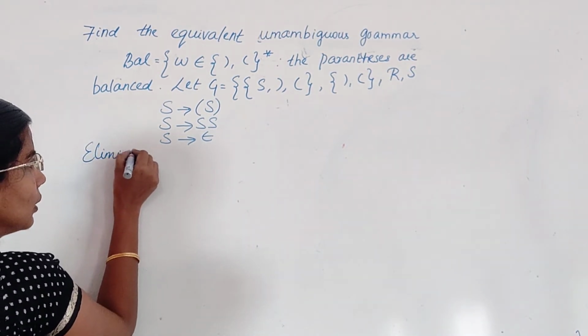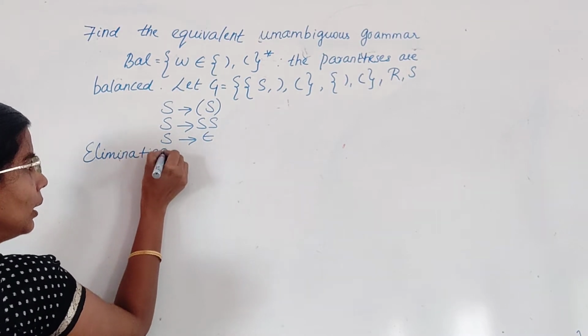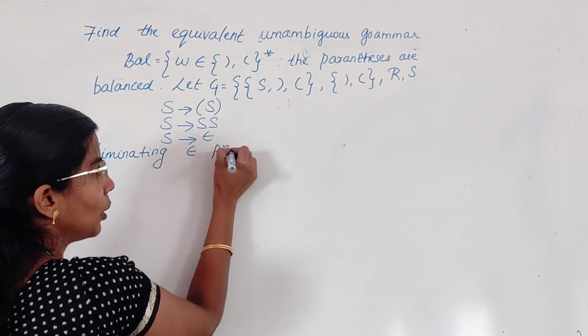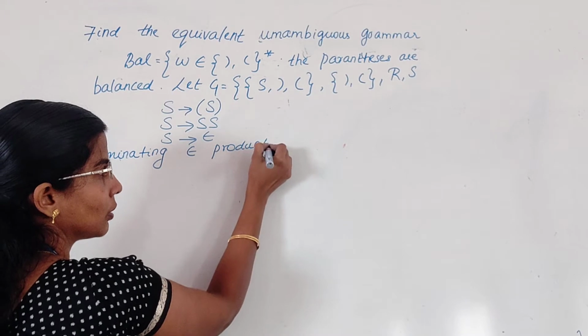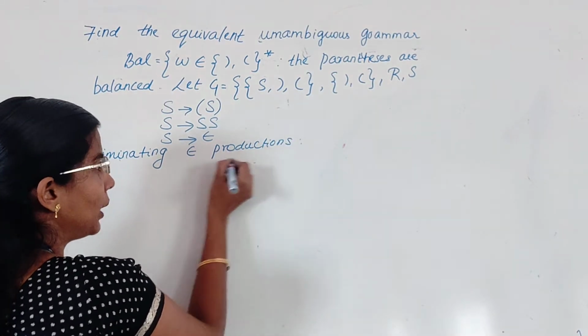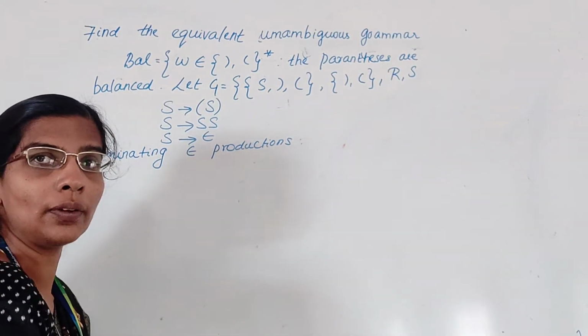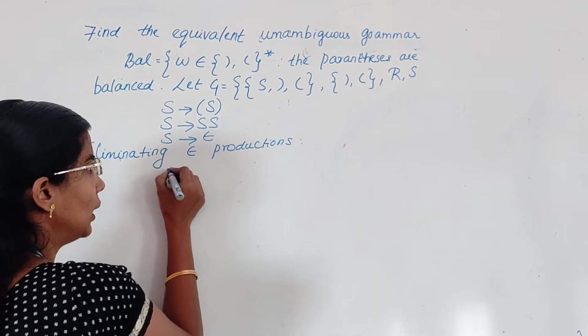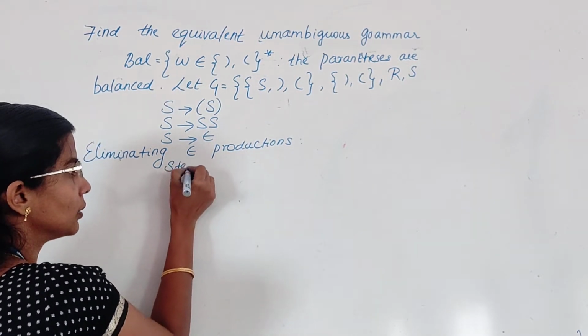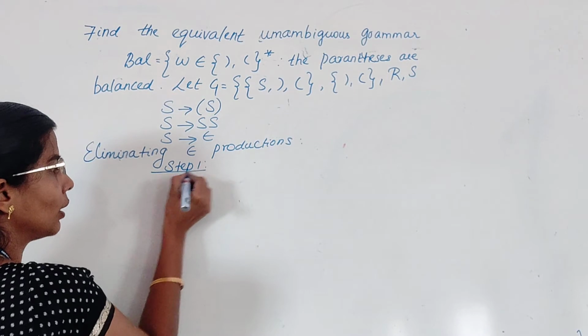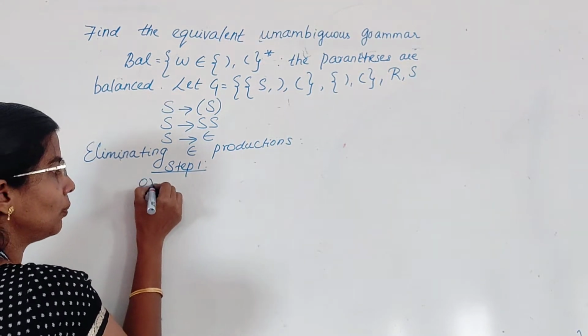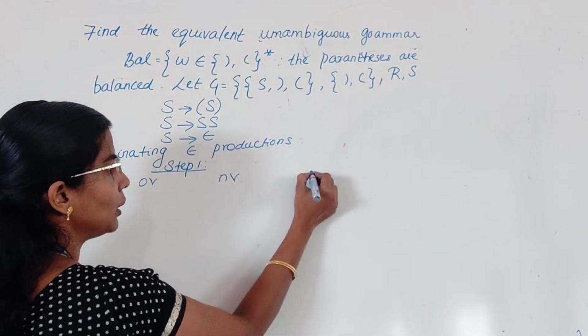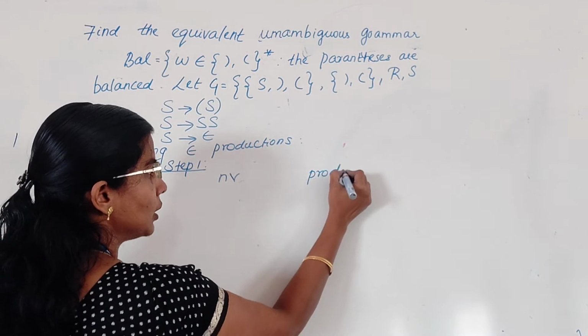Eliminating epsilon productions. Here we have two steps. Step 1 is, I have to make a tabular column with 3 columns: old variable, new variable and productions.